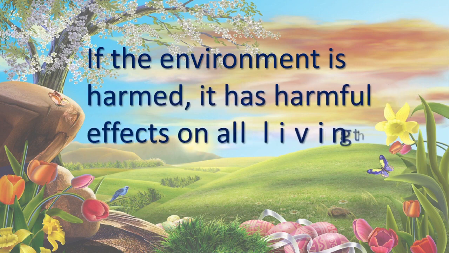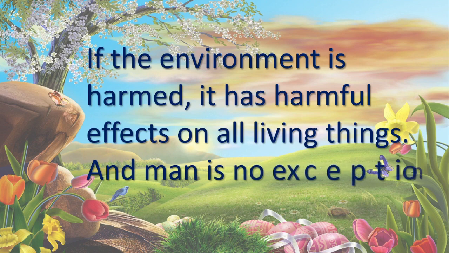If the environment is harmed, it has harmful effects on all living things. And man is no exception. Isn't it? If we harm our environment, it affects our life. And the human being is part of the environment, so his life too will be affected. Isn't it?